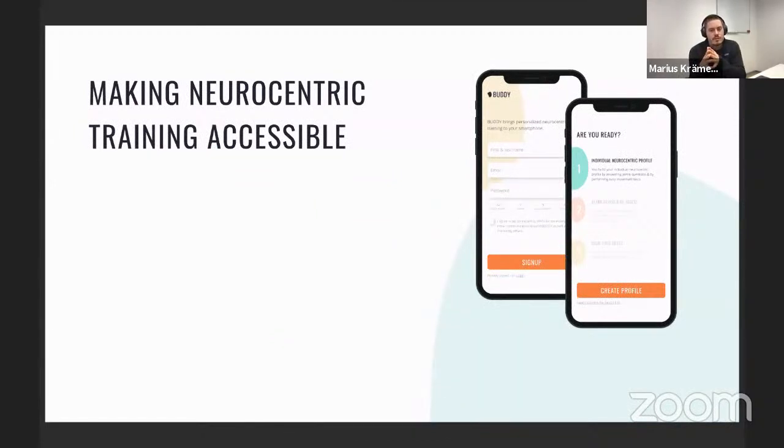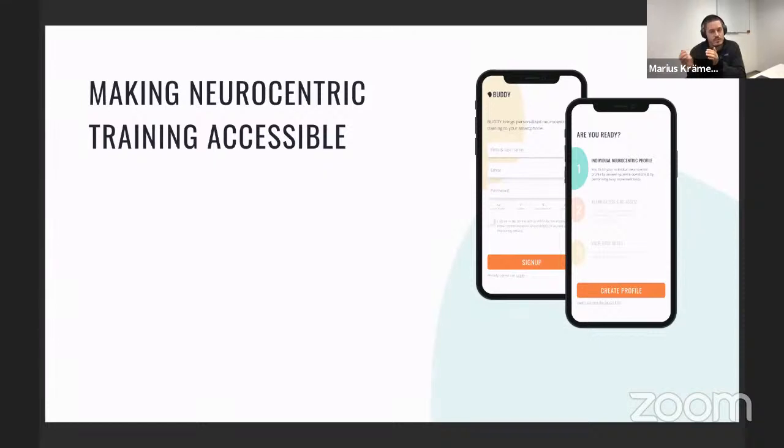We are focused on a very data-driven and, as I said, artificial intelligence approach, because you can imagine we have like 20 to 30 different systems that are involved in movement and in pain. What neurocentric training does is it identifies the weakest system in this chain and on what side. So basically brainstem, for example, on the right side, we have to train first.